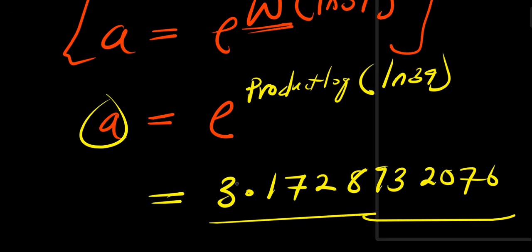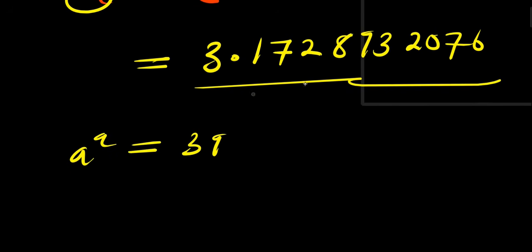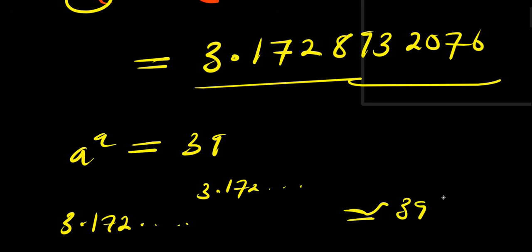So this is the value of a that satisfies that equation. So if you have a power a equals 39, it simply means 3.172 raised to the power of 3.172 will give you an approximate value of 39. That is the meaning. So ladies and gentlemen, that is it.